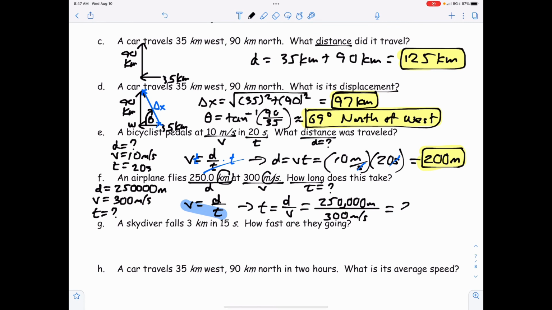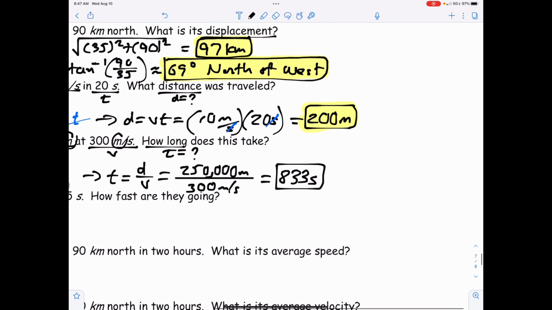And we get about 833 seconds. Okay, now that's one possible answer. If you divide that by 60, that would be about 13.9 or almost 14 minutes. It's fine to leave it in seconds, though.